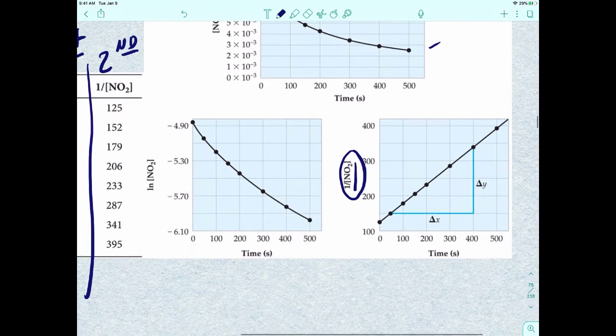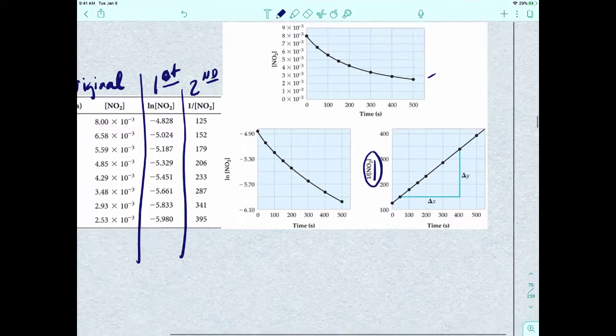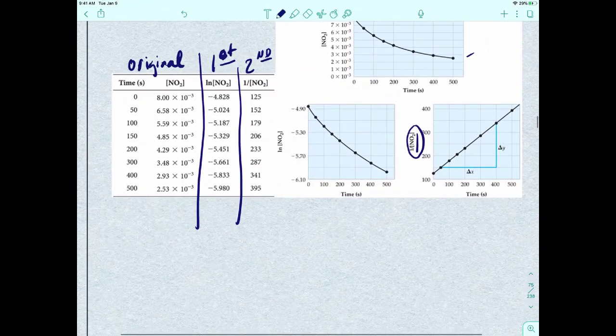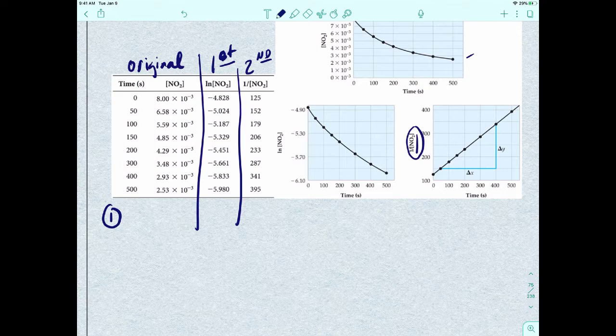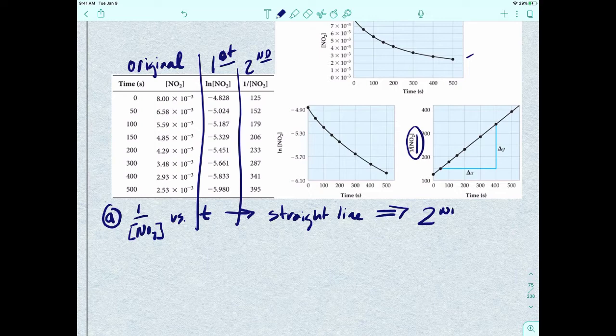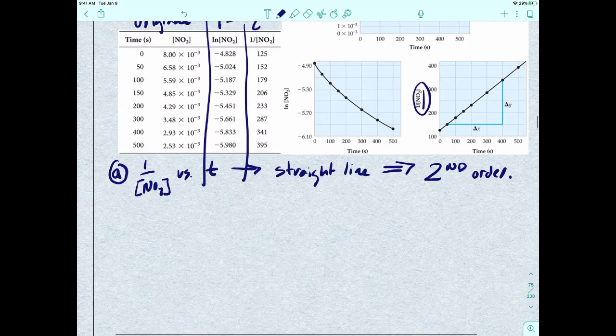Based on the graph of 1 over the concentration of NO2 versus time, which gave us a straight line, this is going to be second order. There it is, that's our first part. All we had to do was graph the data and see how it comes out.